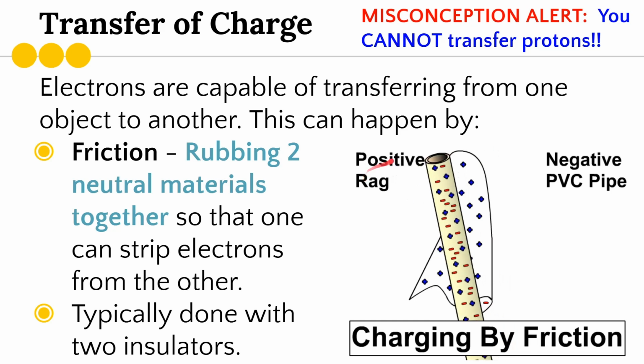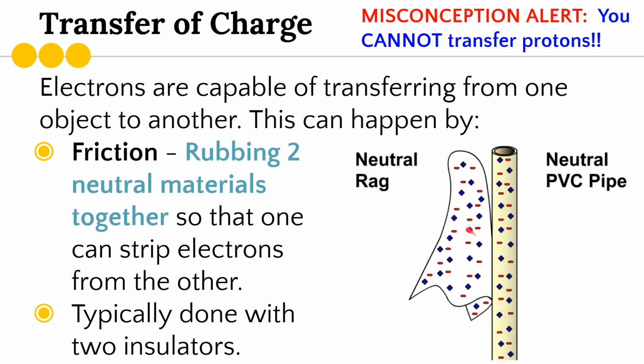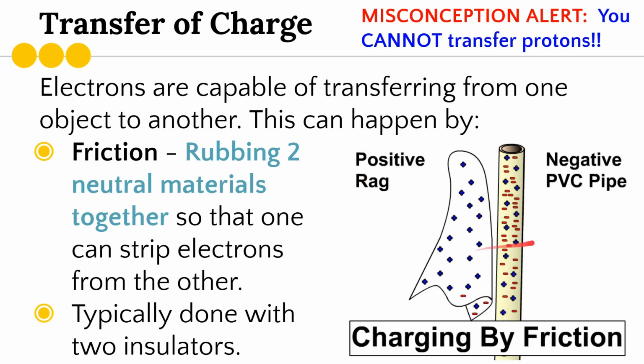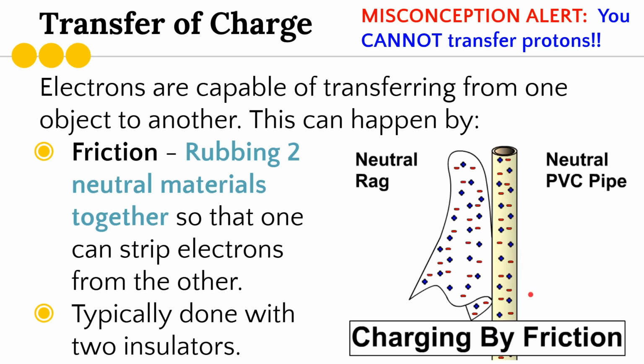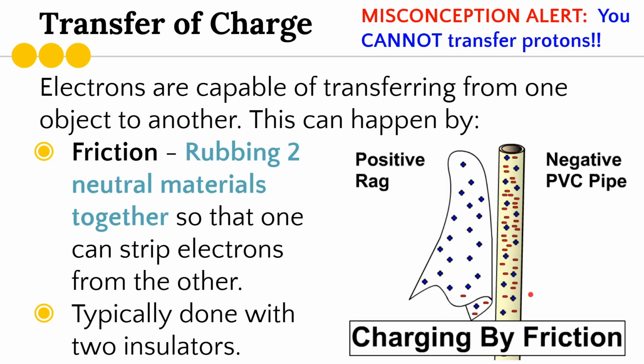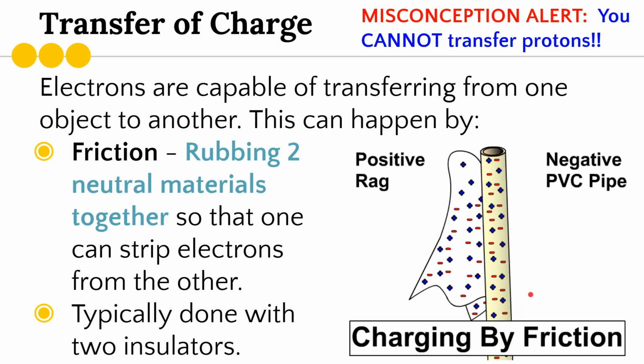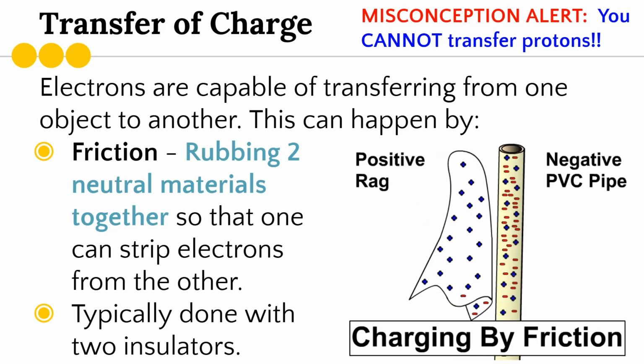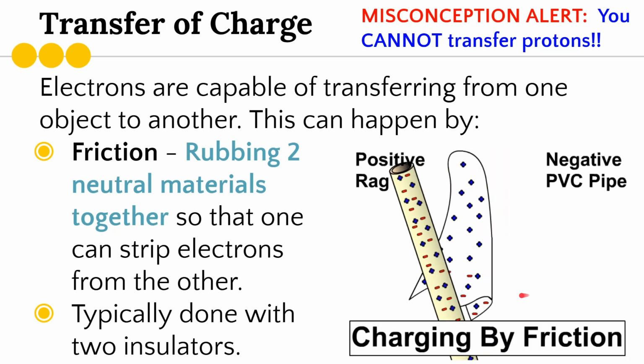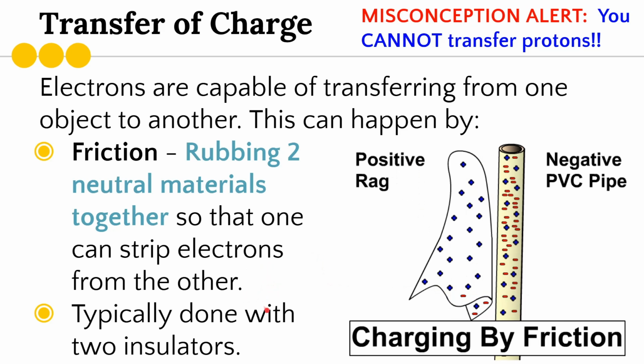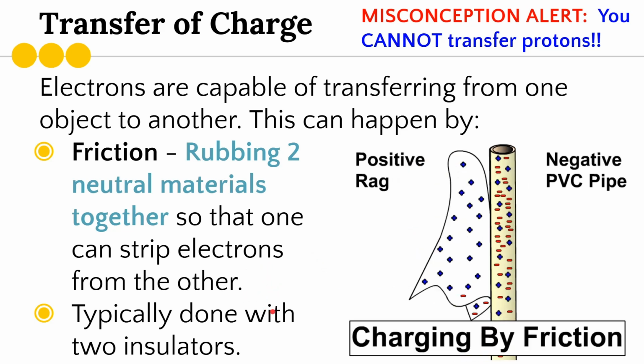And that's what you see here. As this PVC is rubbed against this rag, it strips electrons off of the rag, leaving the PVC with a bunch of extra electrons and a negative charge, whereas the rag ends up having lost a bunch of electrons, now has a positive charge.